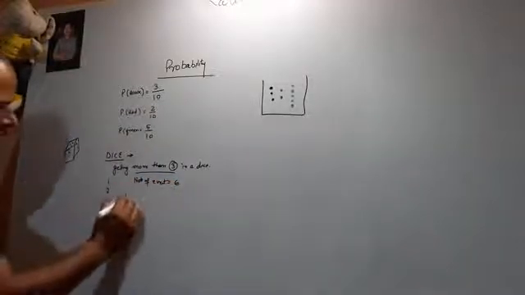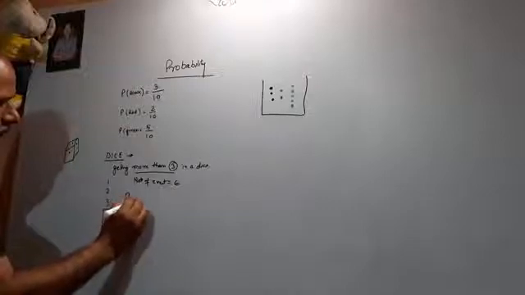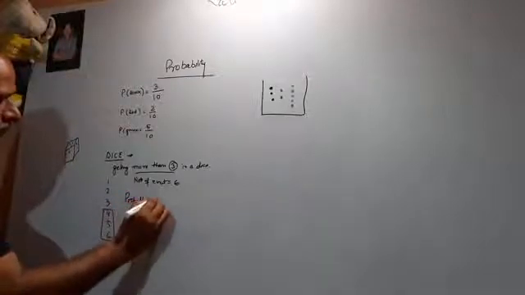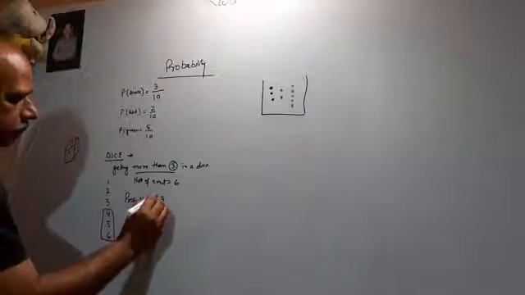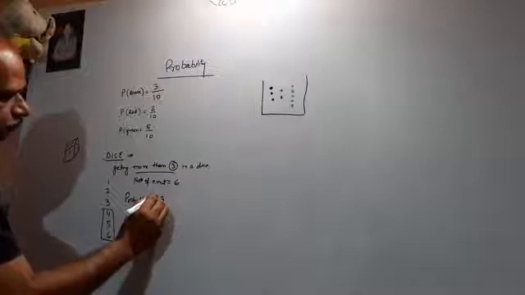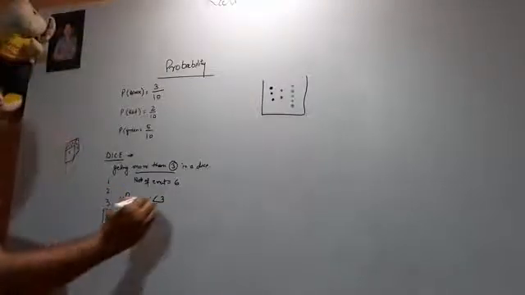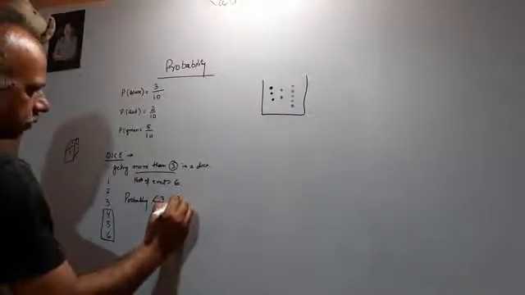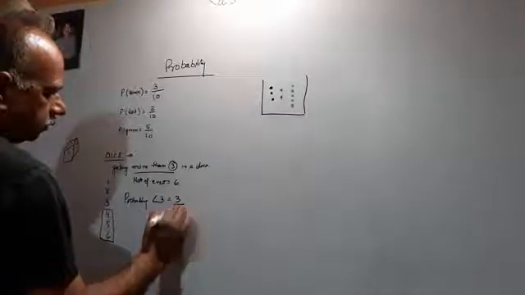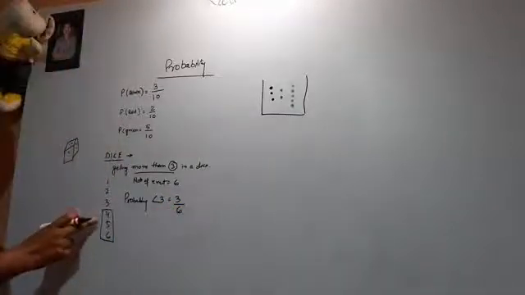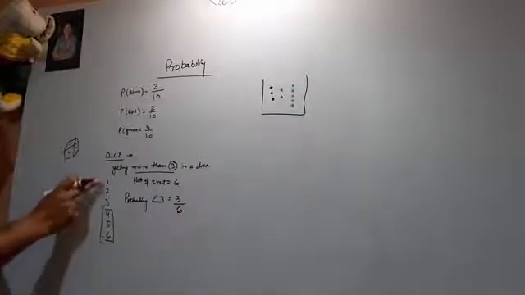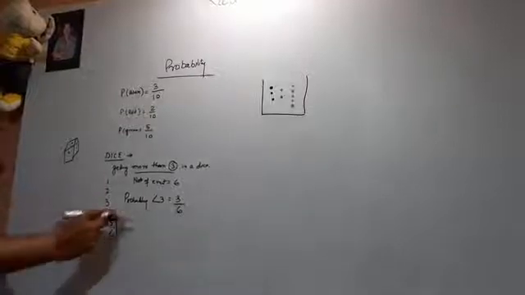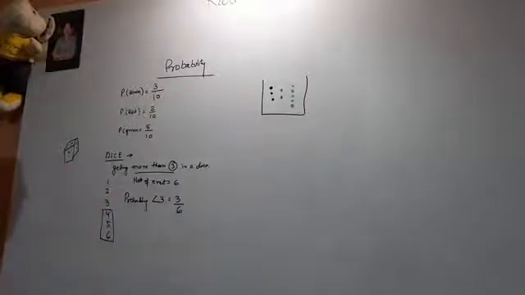So probability of getting more than 3 will be 3 upon 6. So there are 3 times when you can get more than 3, 4, 5, 6. Total number of events are 6. So probability of getting more than 3 will be 3 by 6.